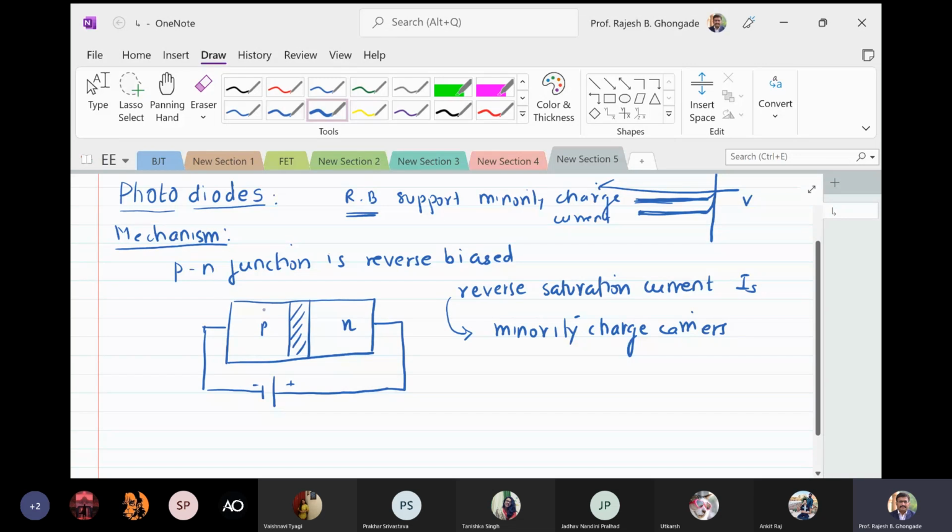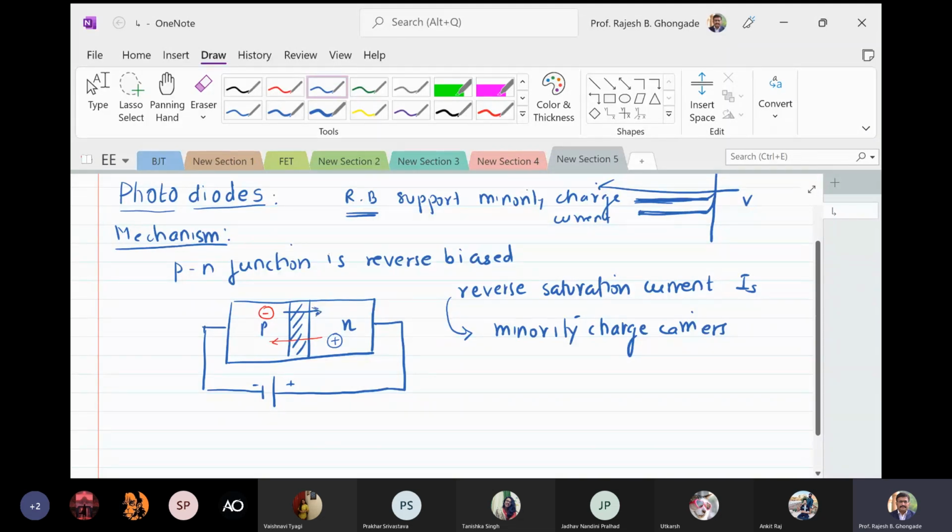It means that holes from P type are going into the N region, and electrons from the N region go into the P region. In N type we have electrons as majority carriers and minority charge carriers as holes.